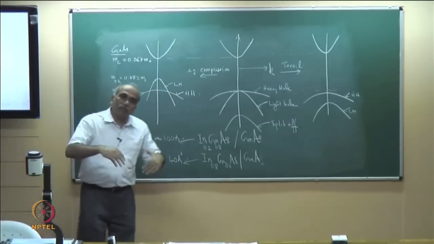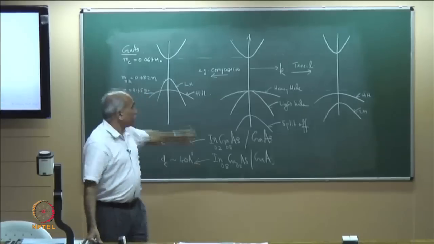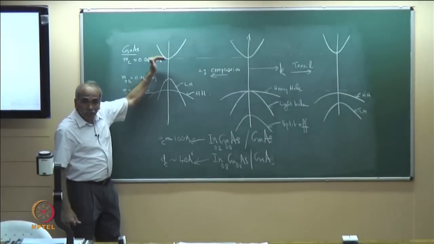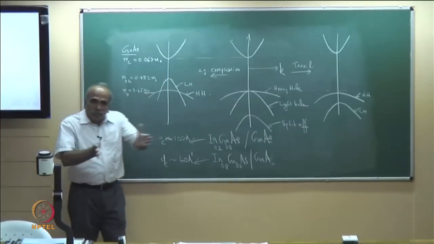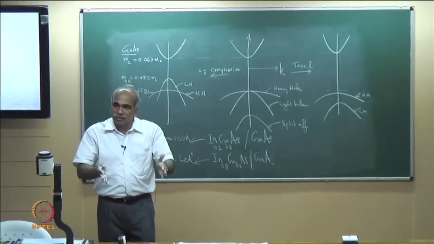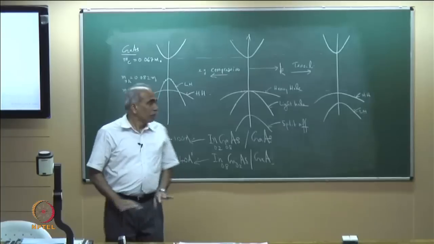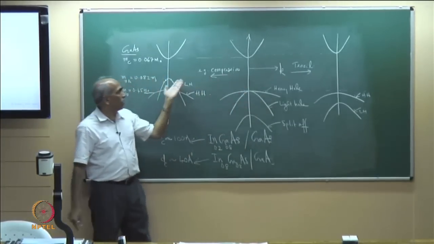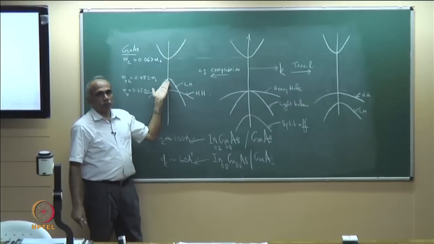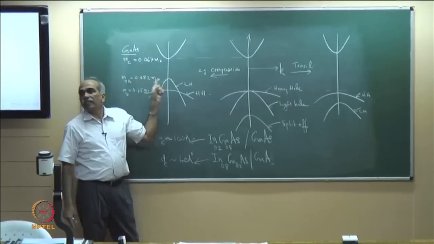This we will appreciate when we discuss devices, because that has an implication on the movement of Fermi level under injection, and the movement of Fermi level under injection conditions determines the threshold. You will see this at a later stage, but for the time being, by use of strain, you have band gap modification and a change in the effective mass of the carriers.